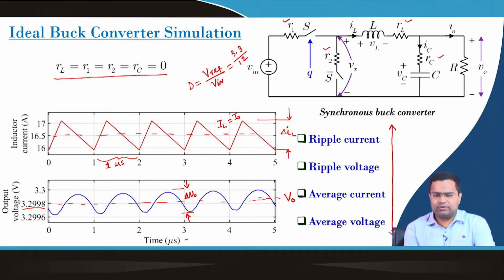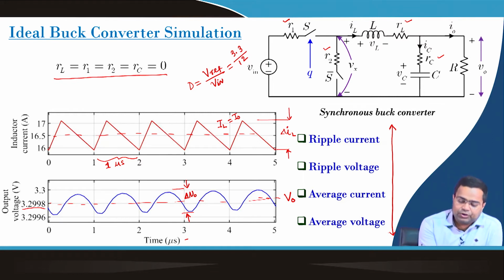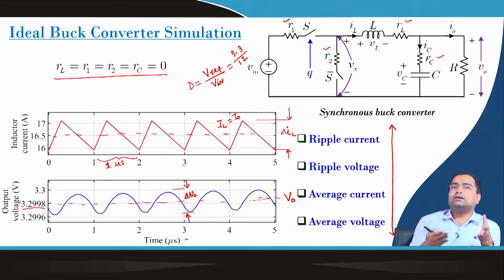So in this case we have seen that the waveform shows that the inductor current looks like a triangular waveform, and the capacitor voltage profile is also consistent, because the capacitor current is the inductor current minus the load current.